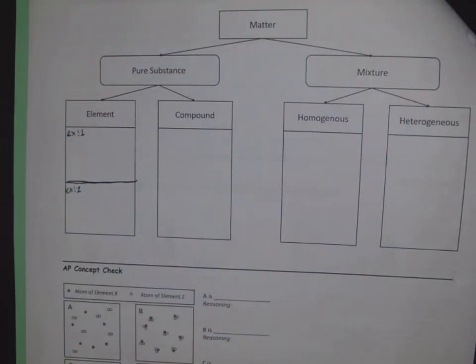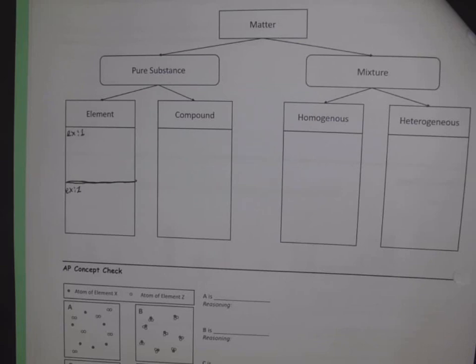One example of this, and this is true anytime it's an element, there's only one type of atom in the sample. Let's say the type of atom was oxygen. Actually, let's do a different one.